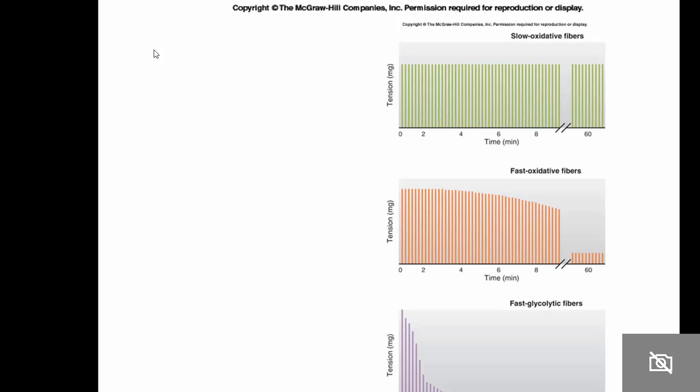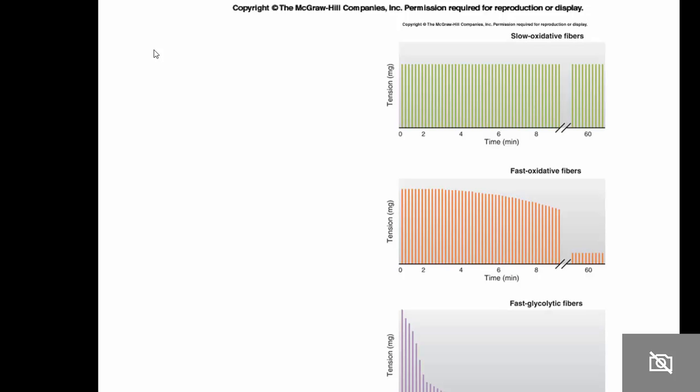Okay? And then the final one is this fast glycolytic. Now, the fast glycolytic can produce the most amount of force. They're also the biggest muscle fibers. We're going to take a look at the graph. But look at this. By about 2 minutes in, you're at about a third. Okay?